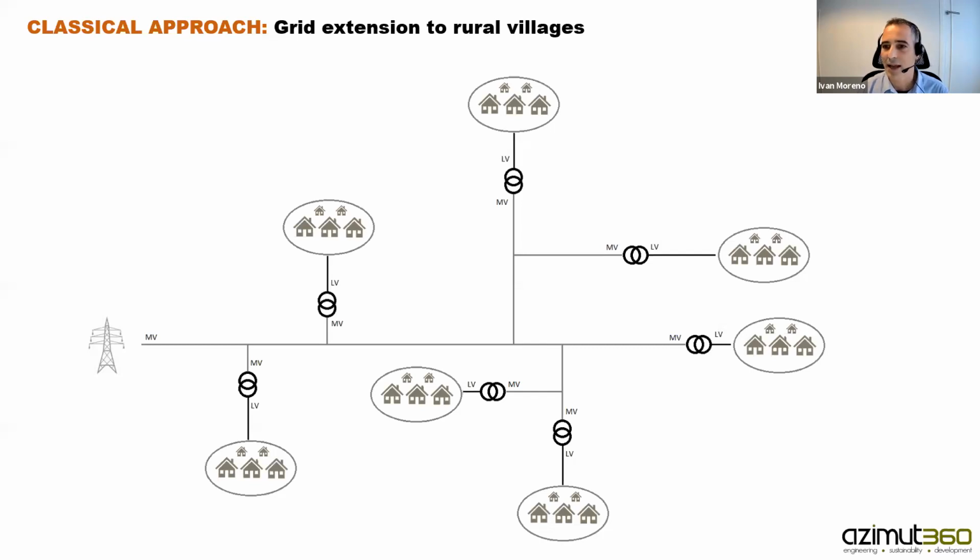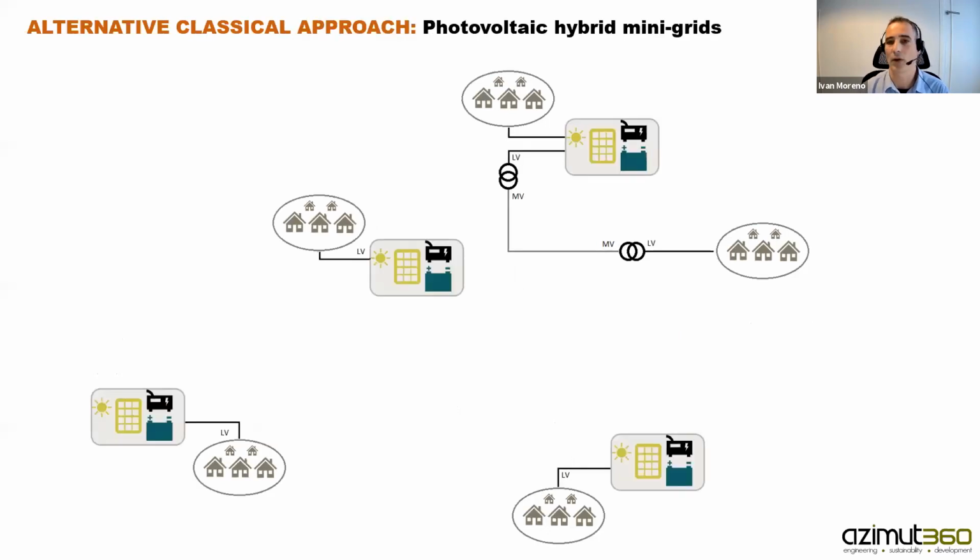And in the next slide, another classical approach is an alternative in the absence of a national grid between the different villages over the territory, where those sites have developed their own energy systems for the supply of electricity, sometimes with fuel-based generators, but typically renewable energy based on photovoltaic technologies.